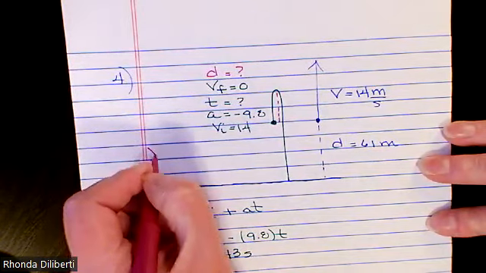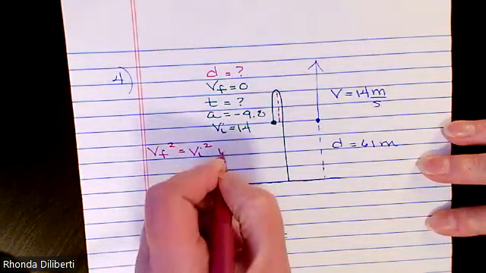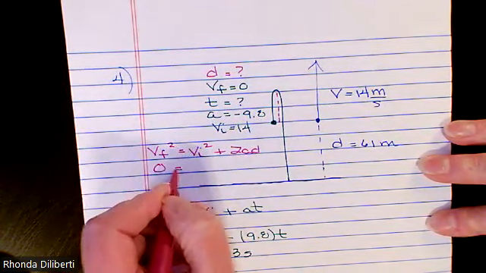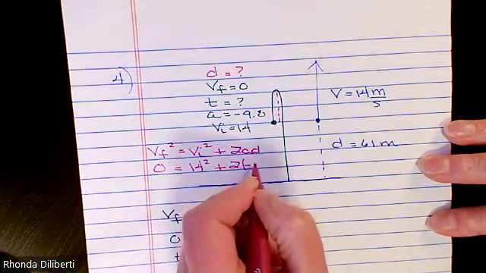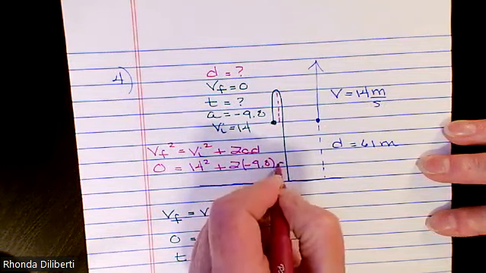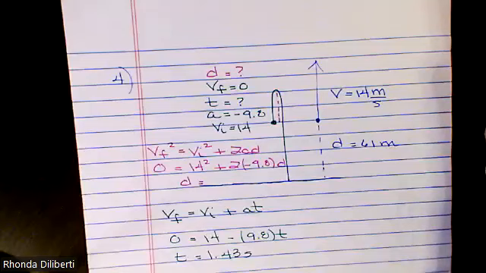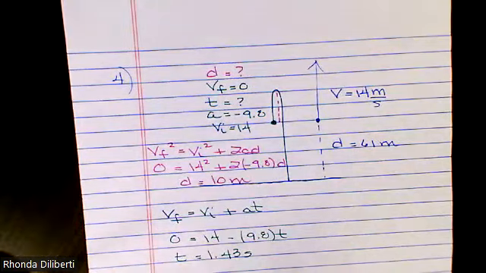I think we could use the third equation to find how high up. That's going to be 0 equals 14 squared plus 2 times negative 9.8 times D. So D is going to turn out to be 14 squared divided by 2 divided by 9.8. You can do your own algebra. And I get 10 meters. So it's going to go up for 10 meters.